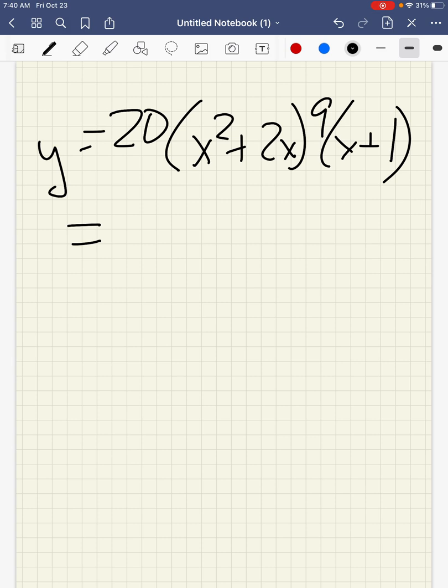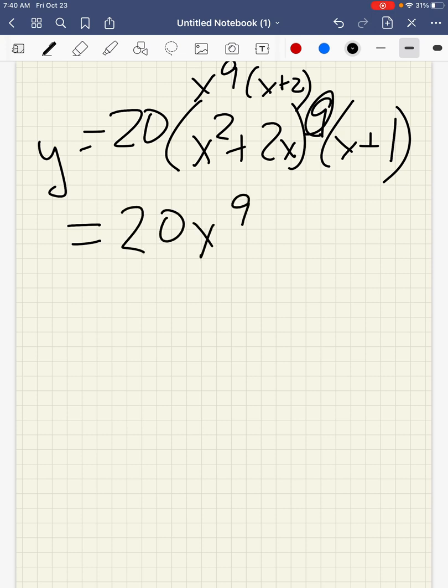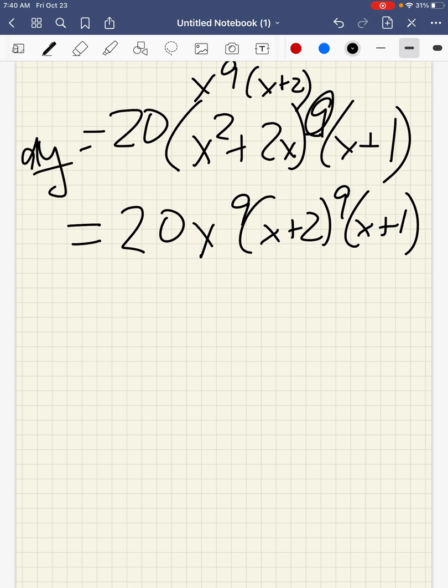But when we factor the x out of here, it's x to the 9th. And then there's an x plus 2 left over. So when I simplify this, this will be 20x to the 9th times (x plus 2) to the 9th times (x plus 1). And that's dy dx. And you really do need to simplify it that far.